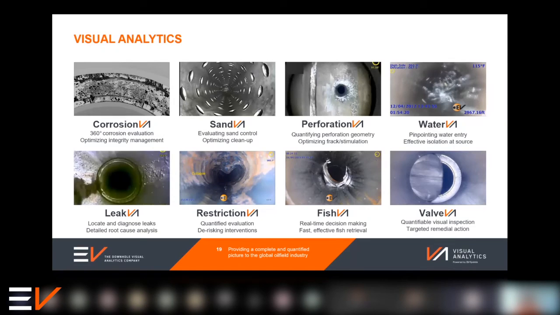Now, the beauty of what we've been doing is we have the video combined with that system in real time. So we'll go in with the video to begin with. We'll take a look at the flow tube and flapper assemblies and make sure that they're in the condition that we want. The wireline tractor company will then engage their system, and they will deform the flow tube into position.